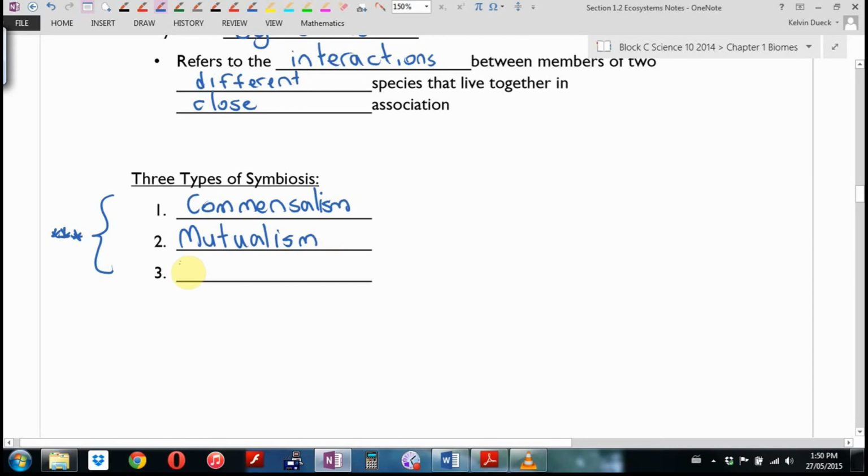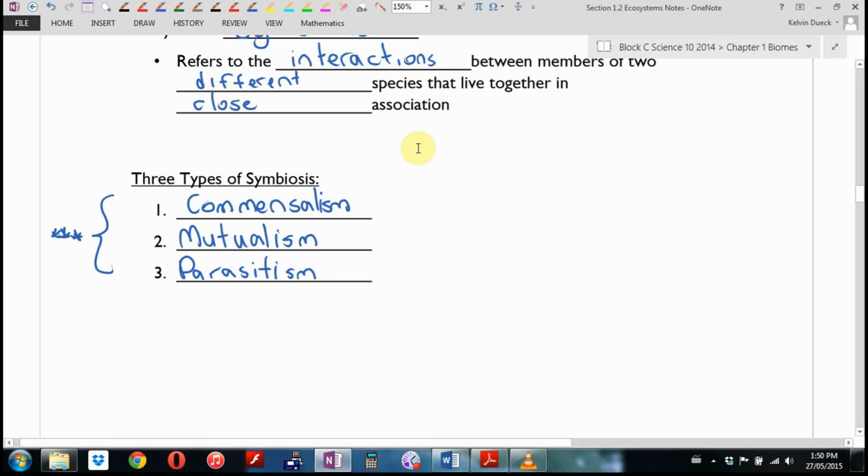And the third one is parasitism. Hopefully you know enough vocabulary to say, I think the third one is the least pleasant. Yeah, it's from parasites. So we'll talk about now what each one of these means.